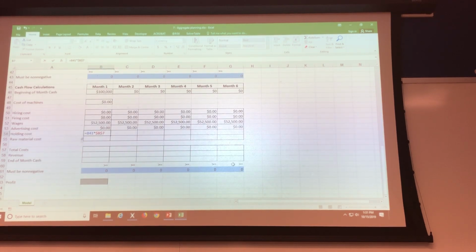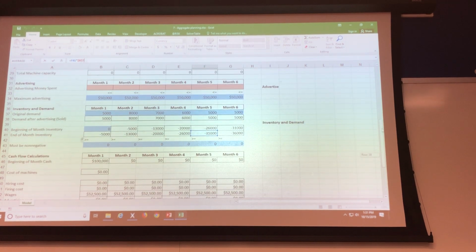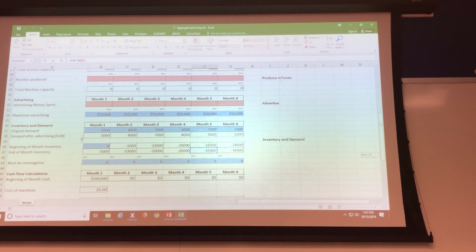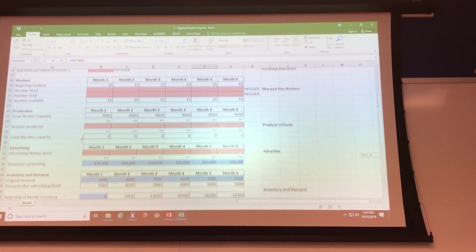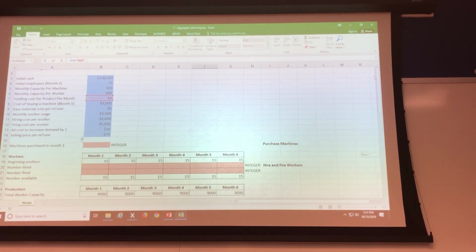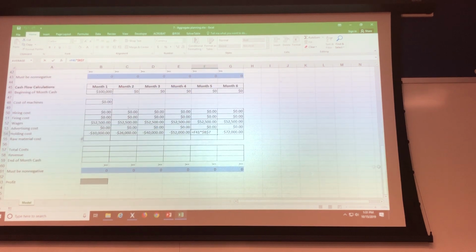It's B41 times B7, and B7 needs to be the absolute reference. Copy it across. Go to a different month and check it. Yep, the month 5 end of month inventory and the $2 cost.